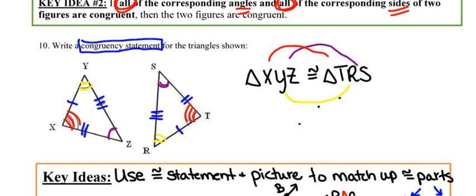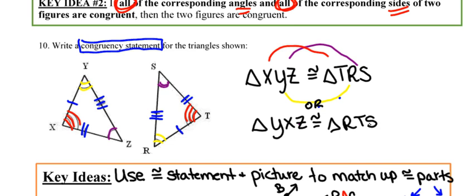Now, if I wanted to name those triangles in a different order, I could also call the first one YXZ, but if I did that, I would still have to be very careful and name the second one R, then T, then S. But again, I feel like there's a few other ways we could possibly name that.